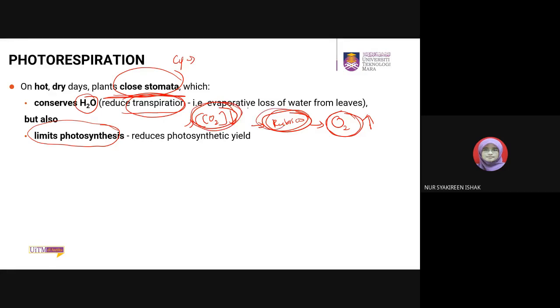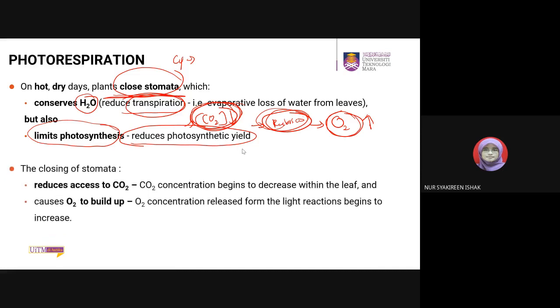When Rubisco cannot bind to carbon dioxide, the Calvin cycle cannot occur efficiently and less sugar will be formed. Okay, less sugar will be synthesized. So it reduces photosynthetic yield. Alright? Itu yang berlaku semasa hari yang panas. So, closing the stomata reduces access to carbon dioxide.